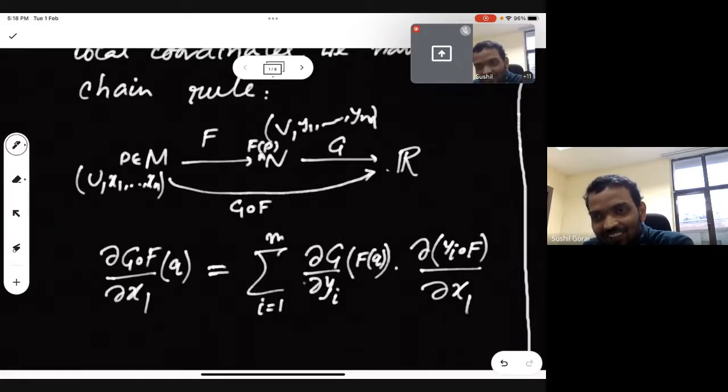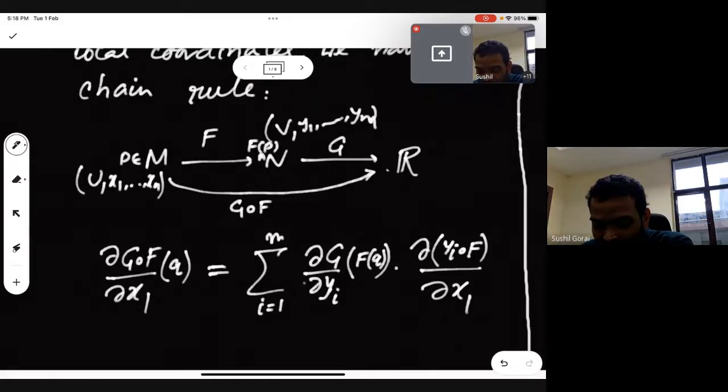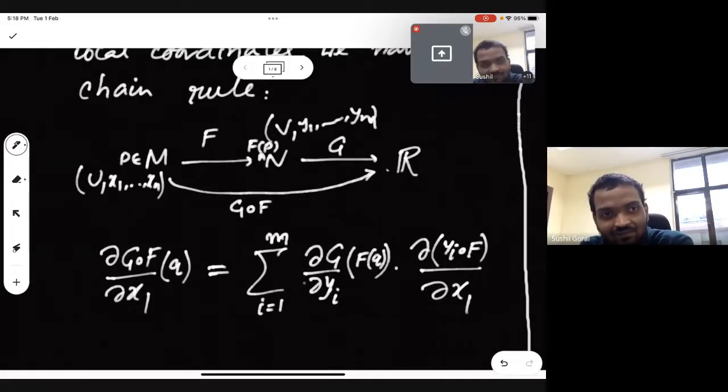If you look at Rn to Rm, given by F1, F2, ..., Fm, then it will be del Fi by del x1. But in general on a manifold that might not make sense, so this is yi composed with F. Is this fine?